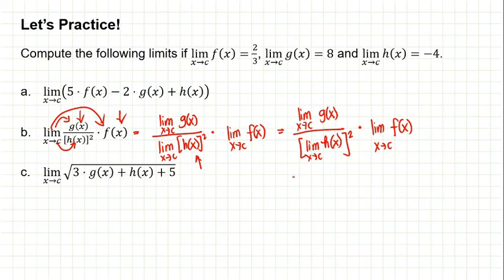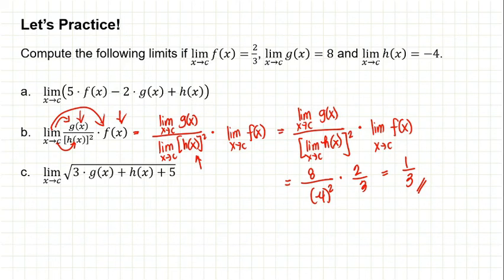So, substituting the values, limit of g of x is 8 over h of x is negative 4, so we have negative 4 square, and times f of x is 2 thirds. And this will now be equal to 1 third. So that is our final answer.